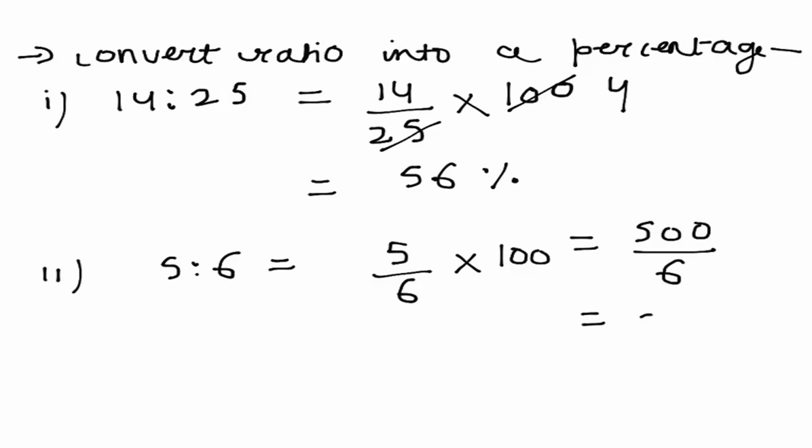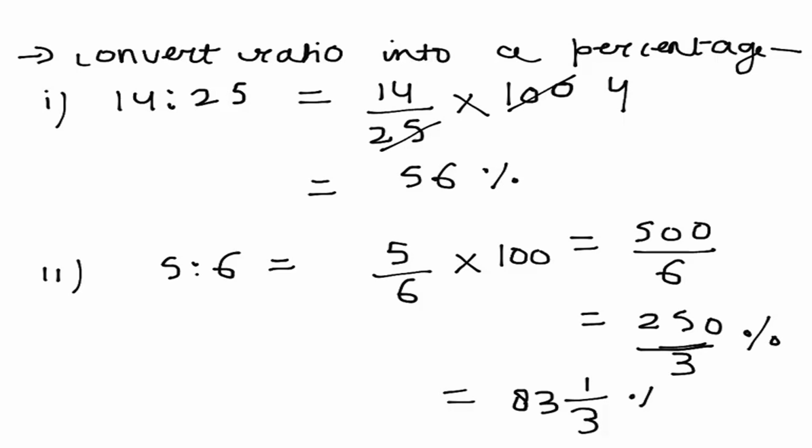We will get 250 by 3. So we can say it is 250 by 3%, or we can convert it into a mixed fraction. That will give us 83 whole 1 by 3%. So this is the way we convert a given ratio into a percentage.